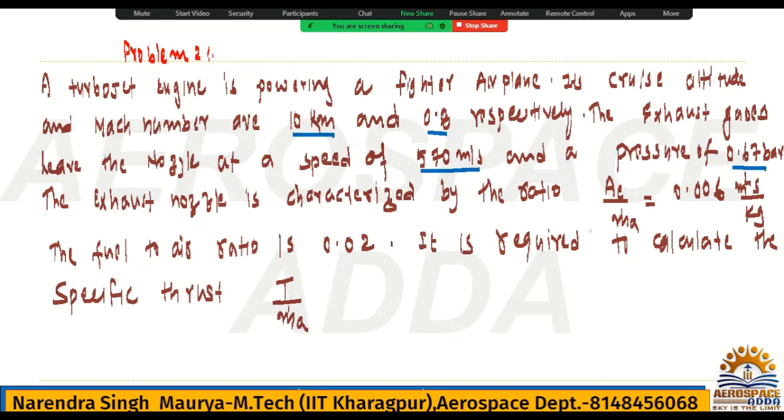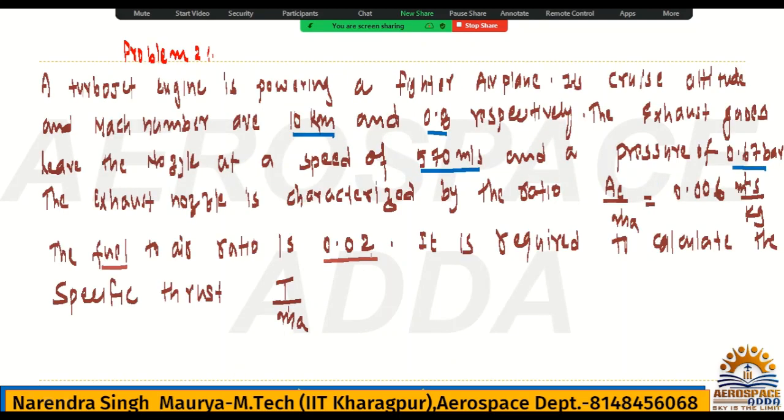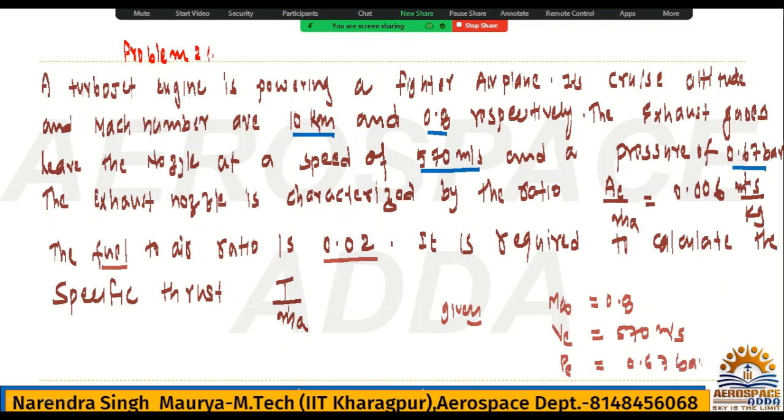See, the fuel to air ratio is given, 0.02. So small f they have given. Exit velocity, exhaust condition they have given, 570 meter per second. They have given Mach number 0.8, Ve 570 meter per second, Pe exhaust pressure 0.67 bar, and small f, the fuel air ratio.